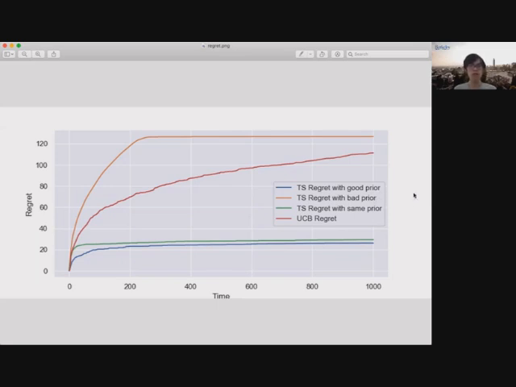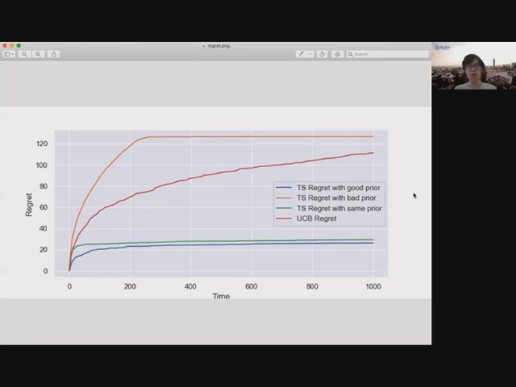So the ground truth is that I believe I have 10 arms. Each of the arms is going to have some ground truth mean. And I think we asserted that the means are going to be ascending. So arm 1 is going to have the smallest mean, arm 2 is going to have the second smallest, and so on and so forth.